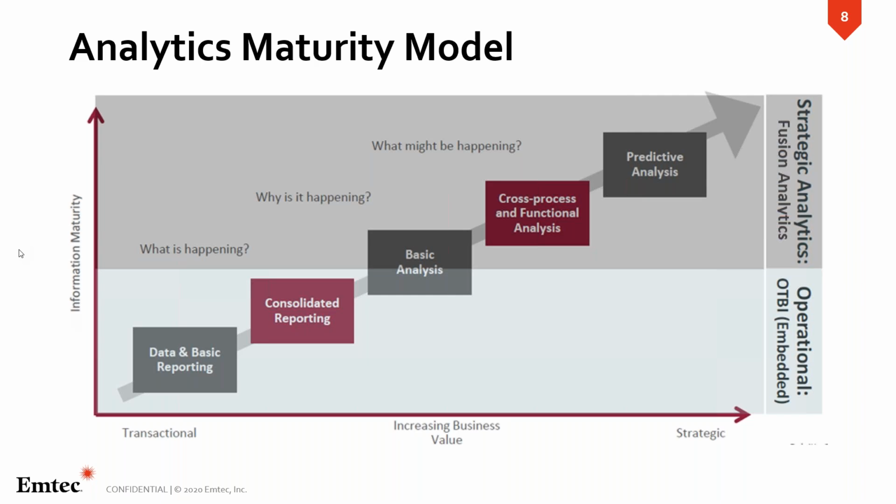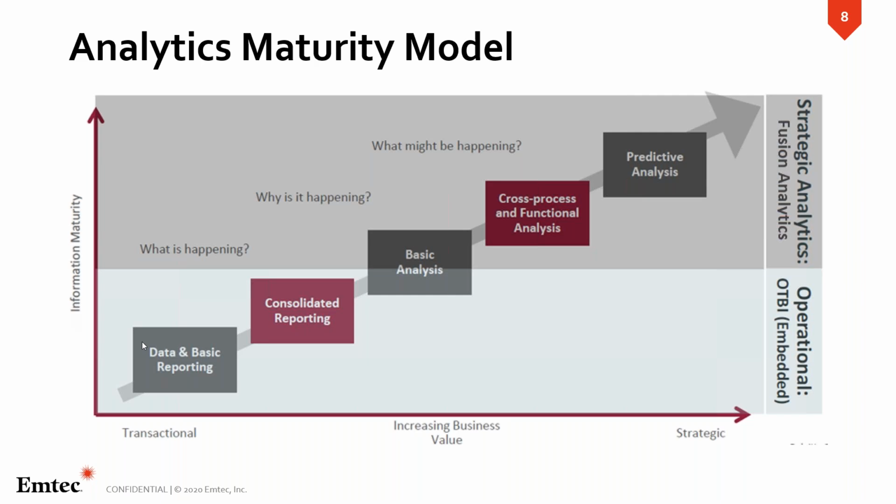So what that means is really system maturity and the number and complexity of systems involved increasing appropriately. And what we see, if we look at the bottom right-hand side of this graph, is that the consolidated reporting or basic reporting of what is happening, what we talked about in that previous slide, is served by these operational systems like OTBI, right?